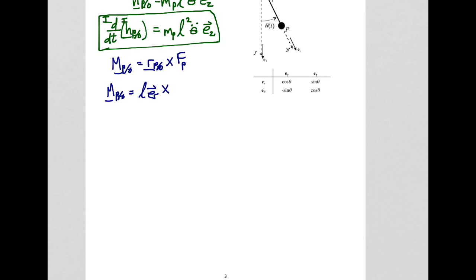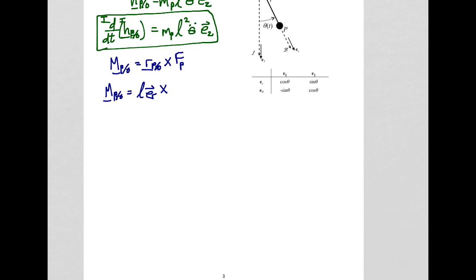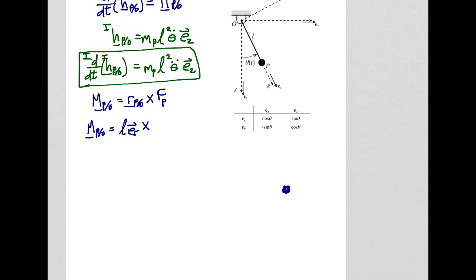To get our forces, we simply need to draw our free body diagram. For the free body diagram of this simple pendulum, which we've drawn before many times, gravity points down, which is in the positive E1 direction.